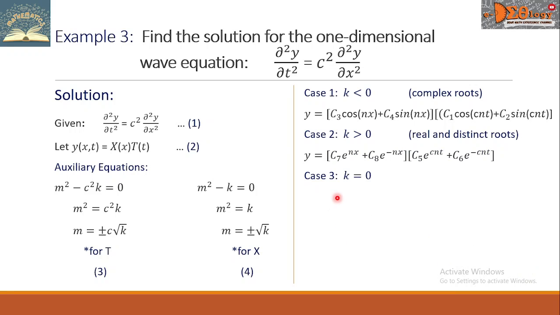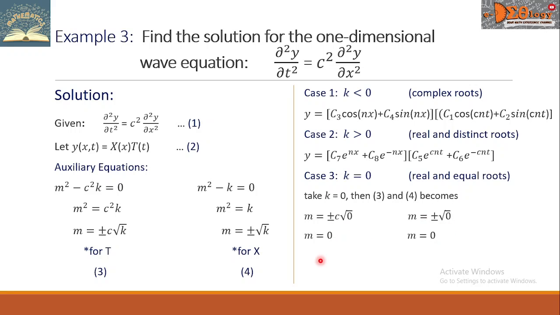Now for case 3. This time, k is equal to 0. Therefore, we expect real and equal roots. So for k equals 0, equations 3 and 4 become m equals plus or minus c times the square root of 0, and equation 4 is m equals plus or minus the square root of 0. In this case, both m is equal to 0.